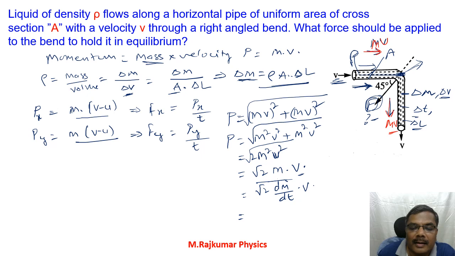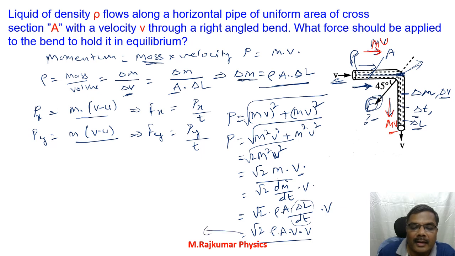This one I can write as root 2 dm, so root 2 into rho into a into delta l by dt into v. So this delta l by dt is nothing but your velocity again. It will become root 2 rho into a into v into v.